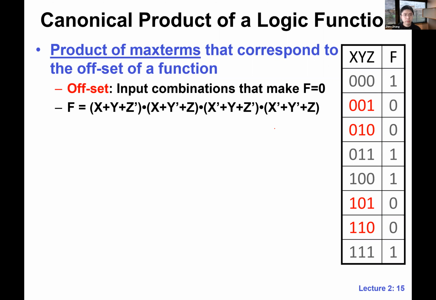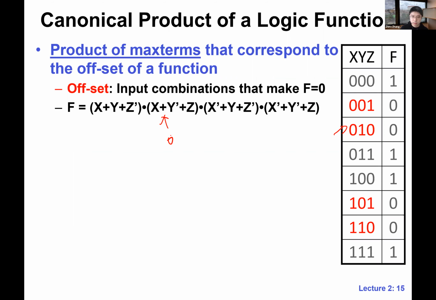Okay, so what's the intuition here? The intuition is that if we hit any one of the input rows on the offset, one of these terms will be a 0. If one of these is a 0, then the entire thing becomes 0.